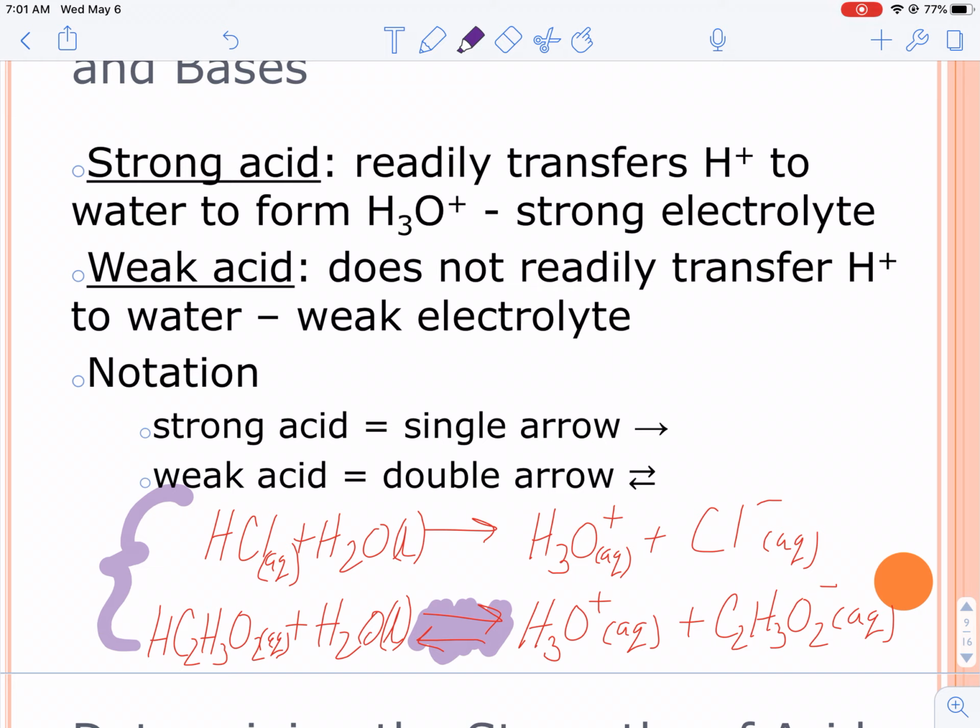Okay? Whereas in the strong acid, it's a single arrow. In the single arrow, I am only going to have the H3O plus and the Cl minus ions. Whereas in the weak acid, I'm going to have all of these ions present. Okay? And that goes back to what we were talking about in the last unit, chapter 16, I believe, when we were doing concentrations. And we're going to be doing some of that with acids and bases.